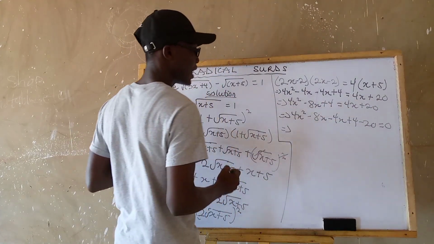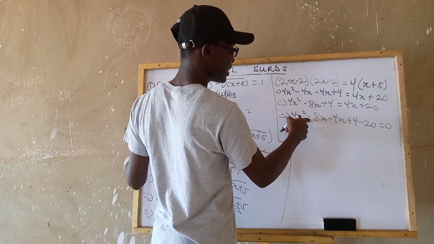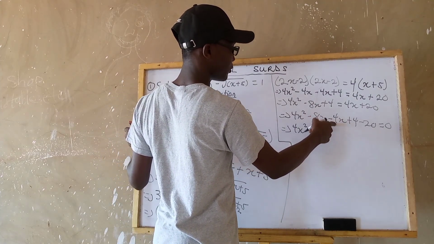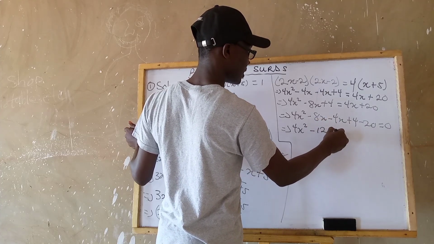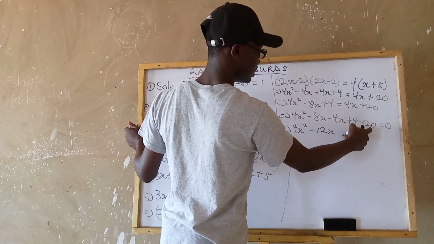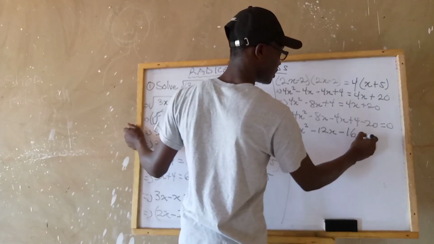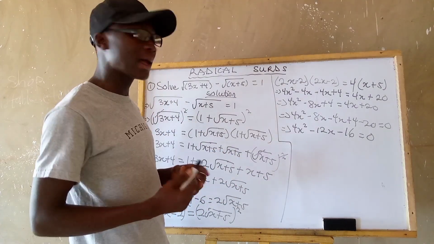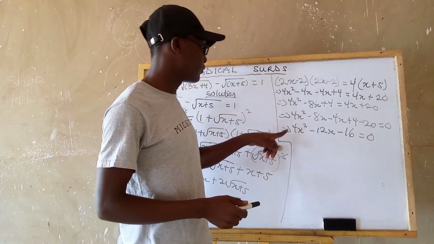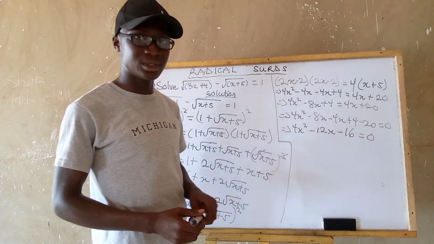Let's continue. So we have 4x squared, then negative 8x minus 4x gives us negative 12x. Then 4 minus 20 gives us negative 16 is equal to 0. So now, what number can divide 4, 12, and then 16 at the same time?